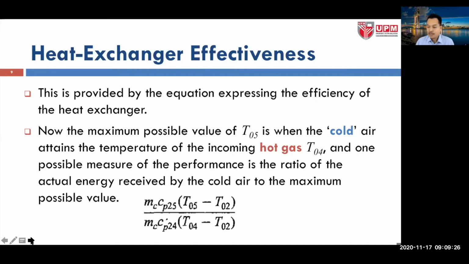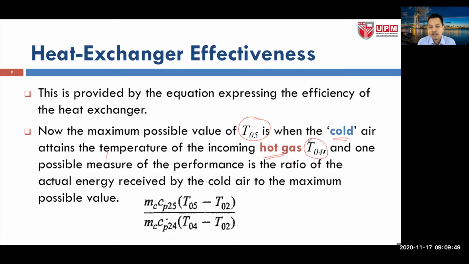Now the maximum possible value of TO5, in other words, is when the cold air attains the temperature of the incoming hot gases, TO4.